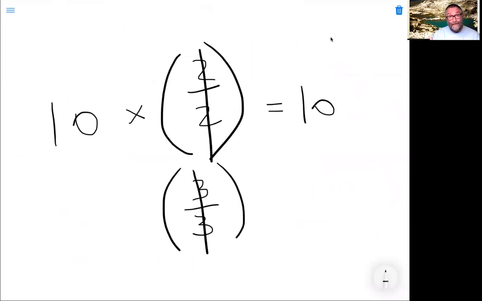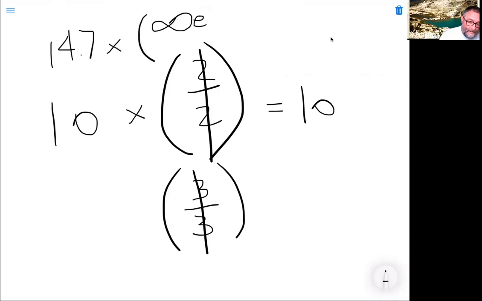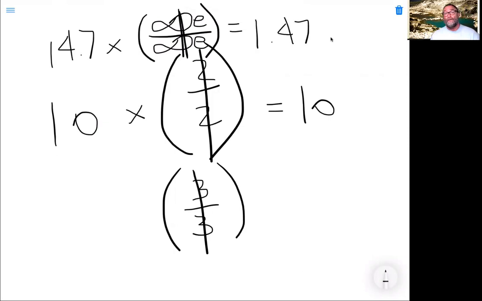Because they're the same, right? If I have a complicated value times a very complicated value that is the same on the top and the bottom, that doesn't matter. That's just multiplying it by 1. There is no tricky math here because anything times 1 is already that thing, right?